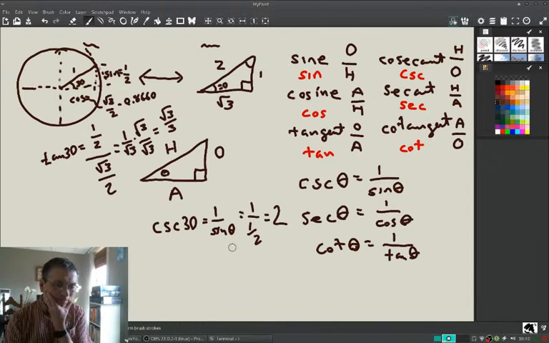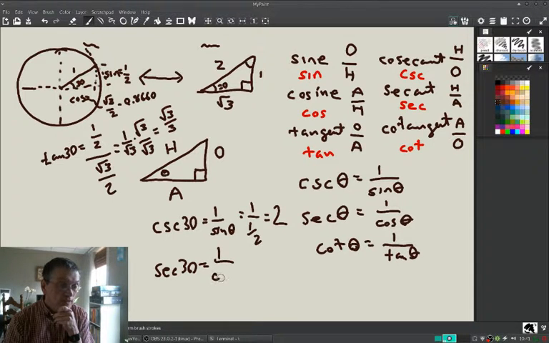Did I do that right? I think so. Secant of 30 is 1 over cosine of 30, which is 1 over square root of 3 over 2, which is 2 over square root of 3.